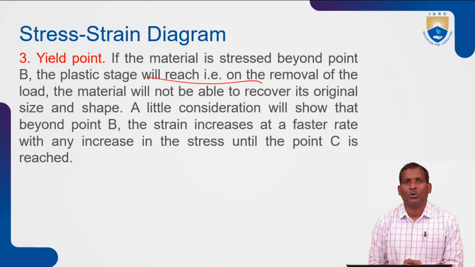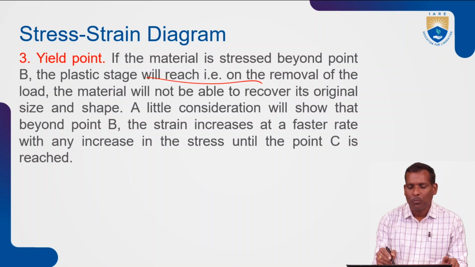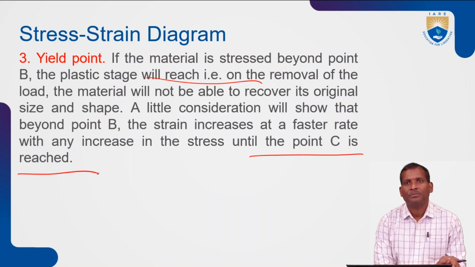On the removal of the load, the material will not be able to recover its original size and shape. A little concentration will show that beyond point B, the strain increases at a faster rate with any increase in the stress until the point C is reached.